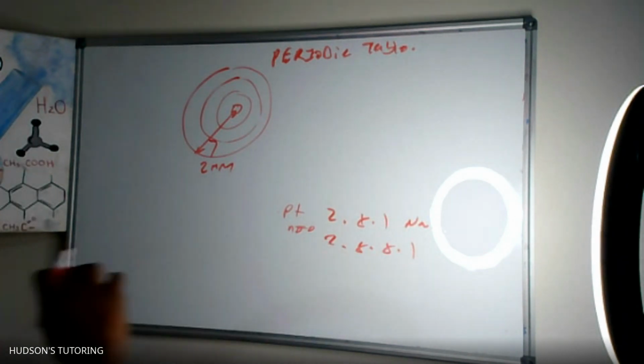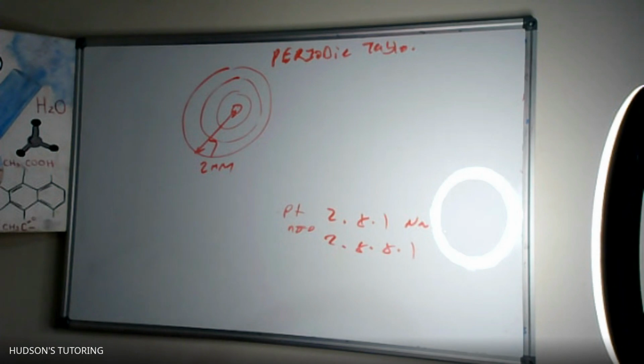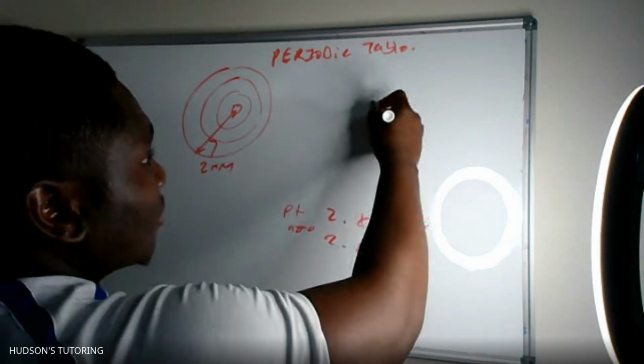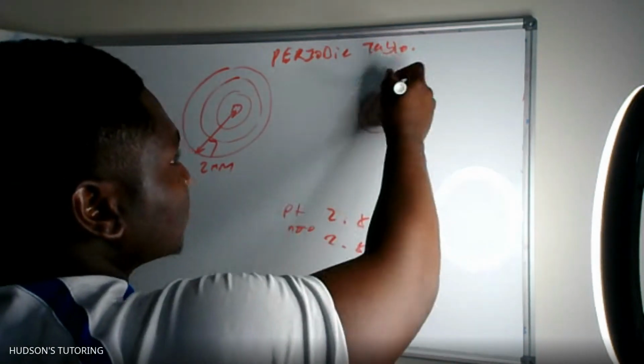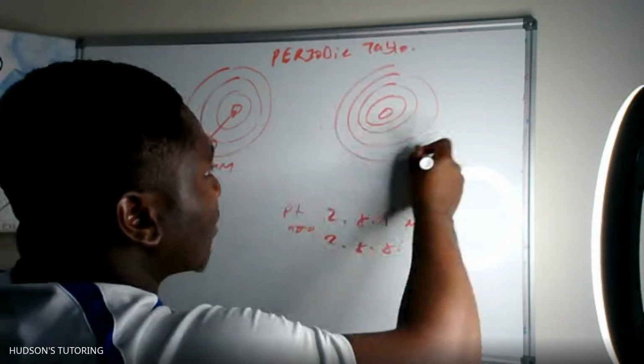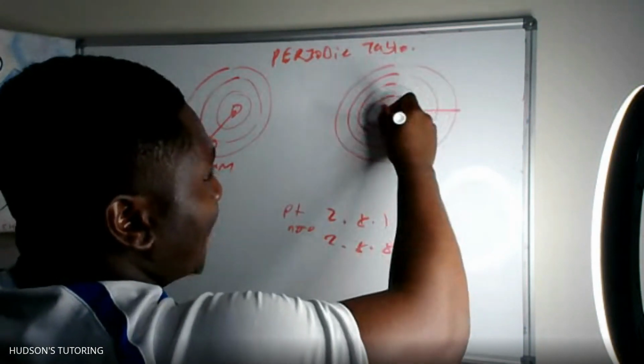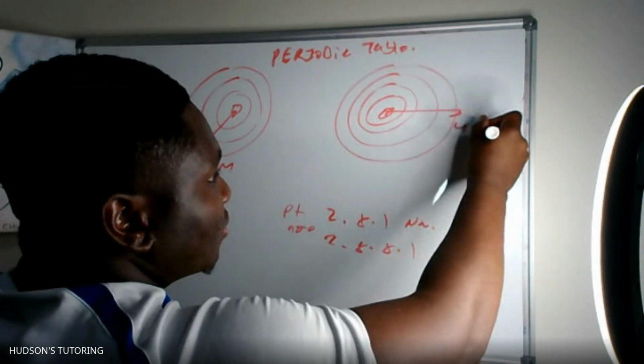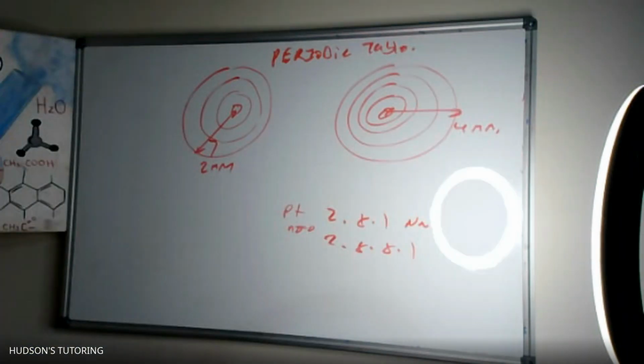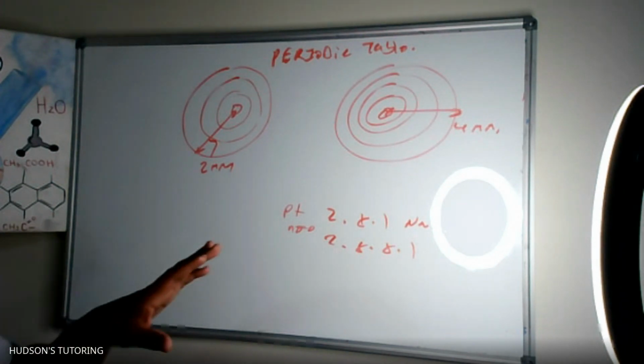Potassium now has 4 shells. Right? 1, 2, 3, 4. And this one, the atomic radius is now larger, 4 millimeters. What is this saying to us? Let's look carefully.